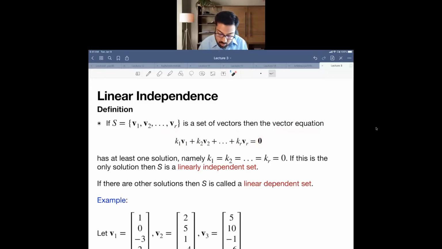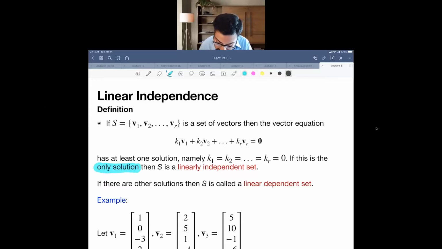This vector equation has at least one solution, the trivial solution, where all the k's are equal to 0. If that is the only solution it has, then we call it a linearly independent set. Only one solution, which is the trivial solution.